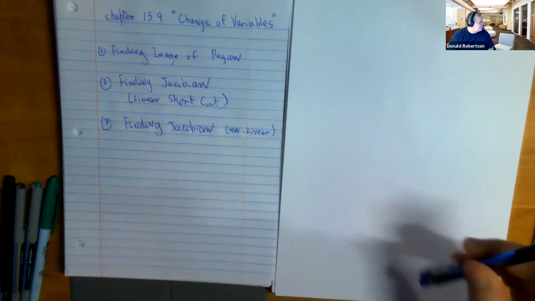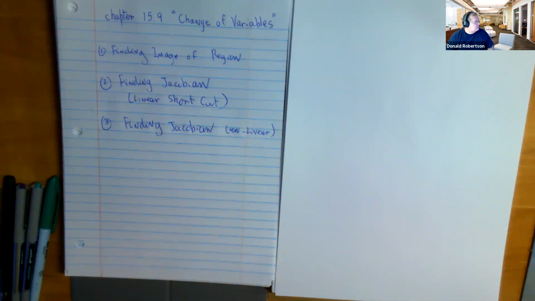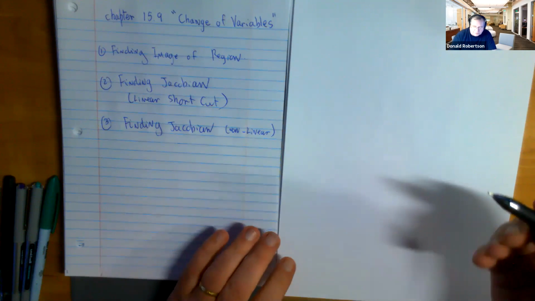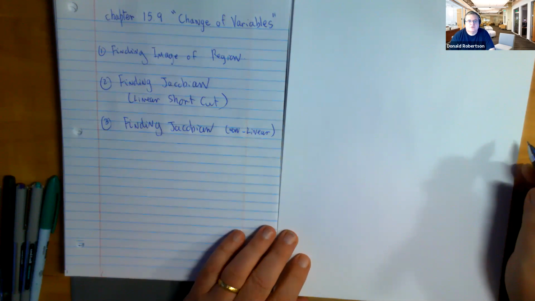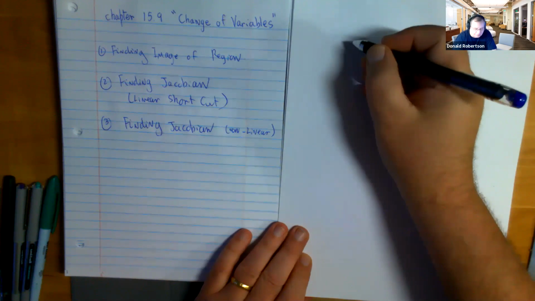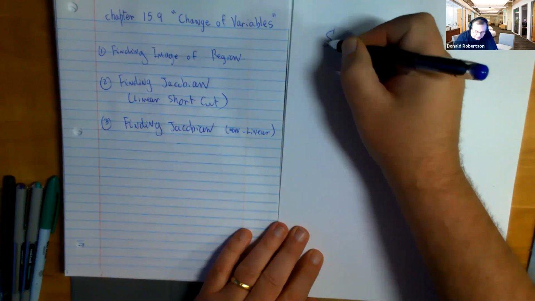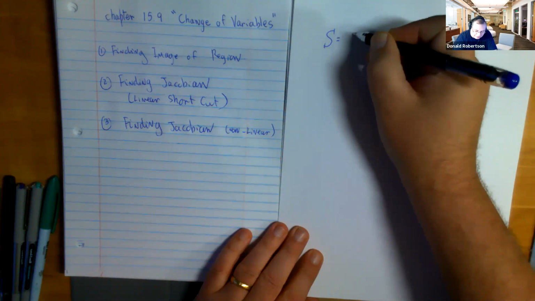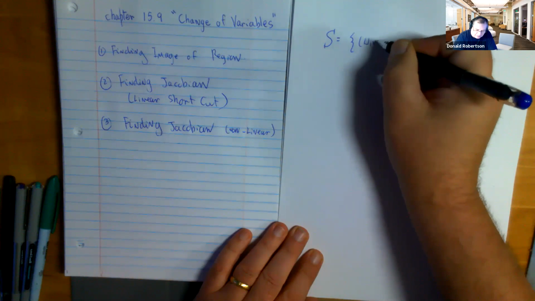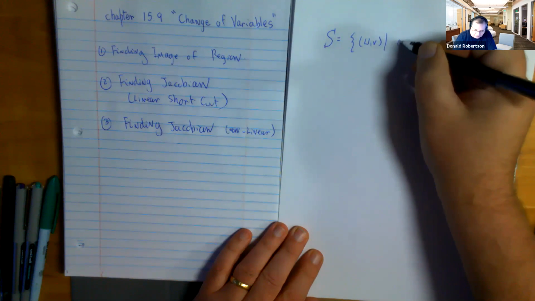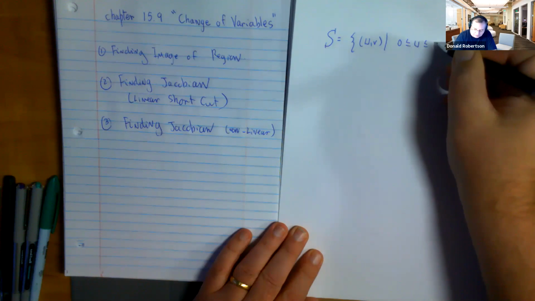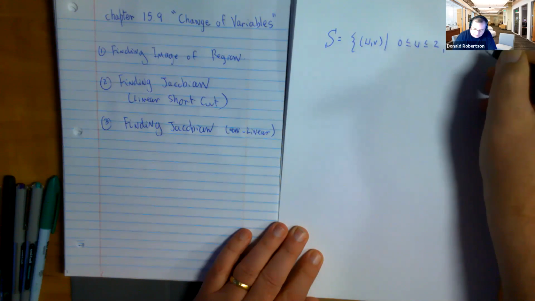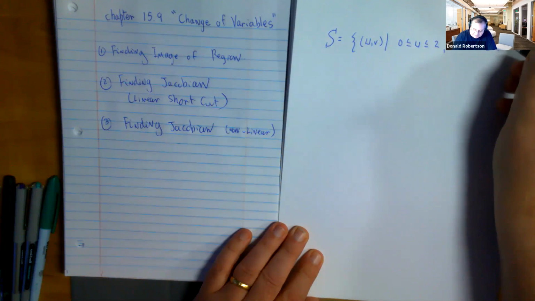So, first guy I'm going to look at is how do you convert a region from UV space to XY space, because that's really what change of variables is like. So I want you to imagine that I've got a region S in UV space, and it's basically just that guy.